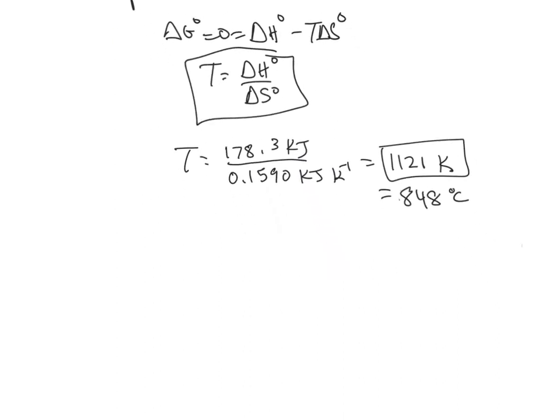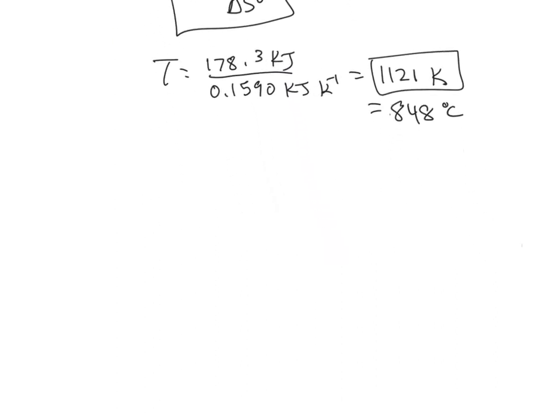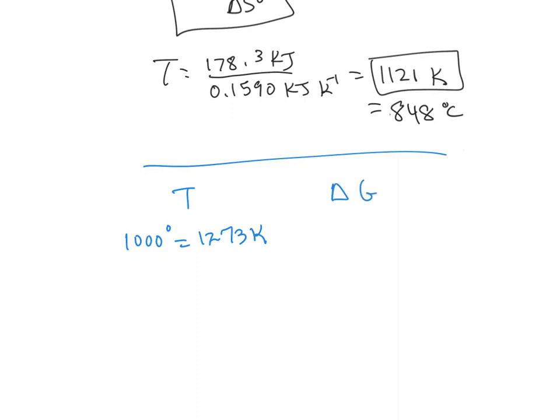So for this one, we can summarize and say that when the temperature is 1,000 degrees C, which is 1273 Kelvin, delta G is negative 24.1 kilojoules per mole. And this is going to be spontaneous. That's actually less than negative 17, right?